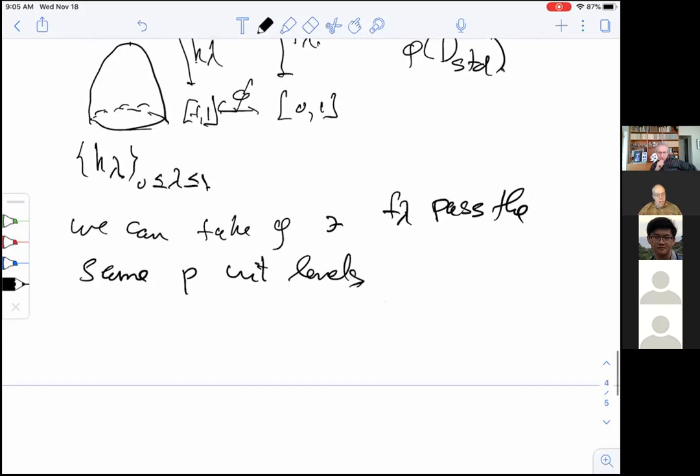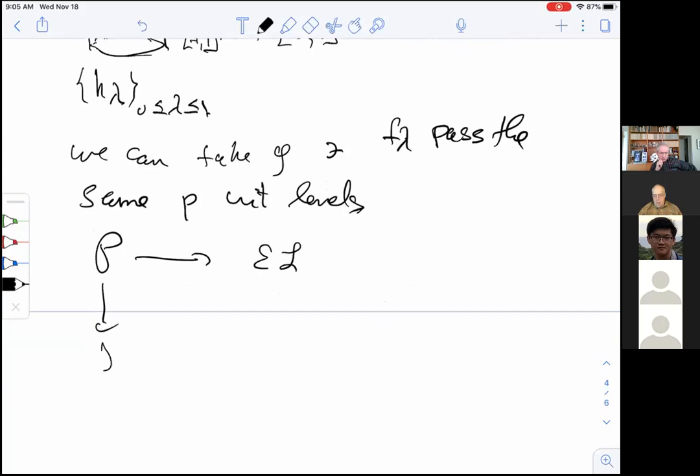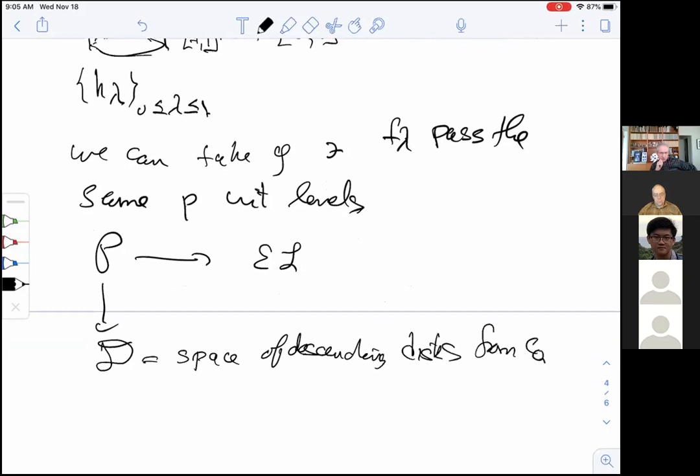So this is the way that embeddings give elementary paths, which I'll denote this way, and embeddings give descending disks, which I'll denote this way. So this is the space of descending disks from C0. This is the space of elementary paths.